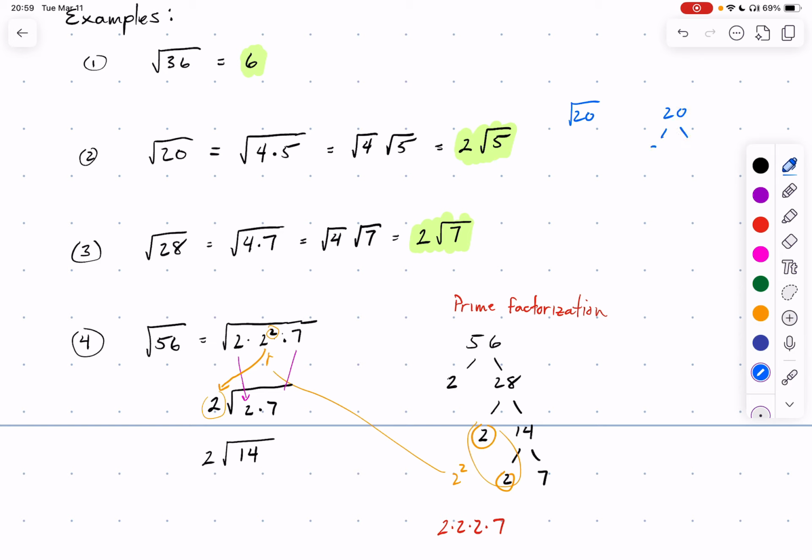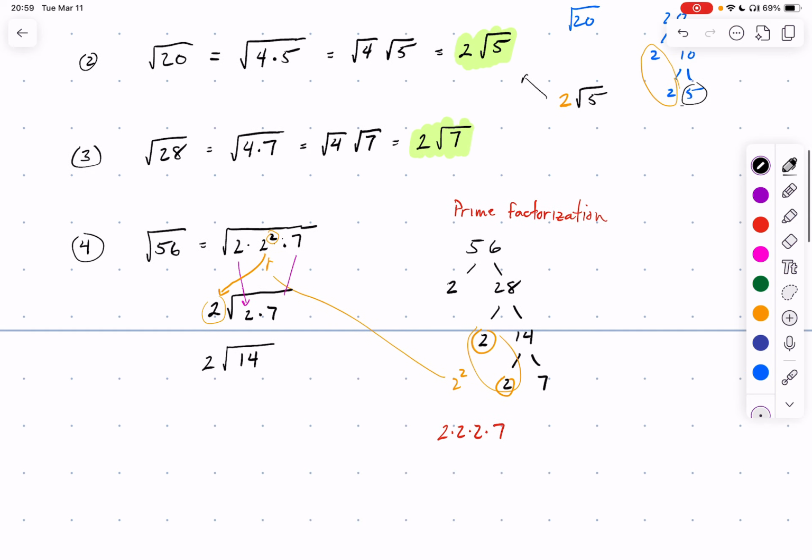So 20 is 2 times 10, and then 10 is 2 times 5, and I have a pair of 2's here. Since I have a pair of them, my 2 comes out front, and I'm left with the square root of whatever is left, which is just 5. So that matches what we got previously.